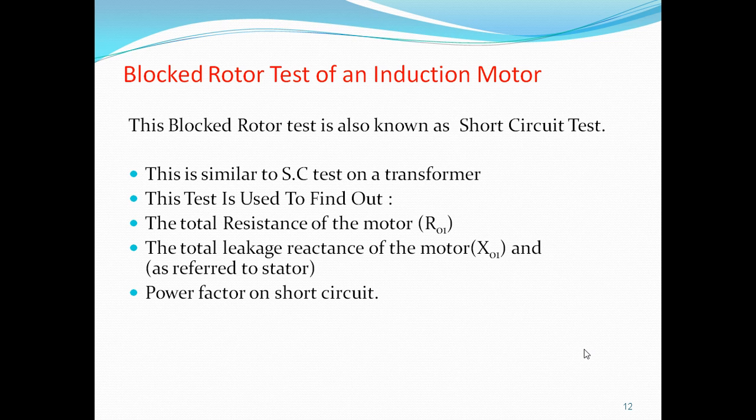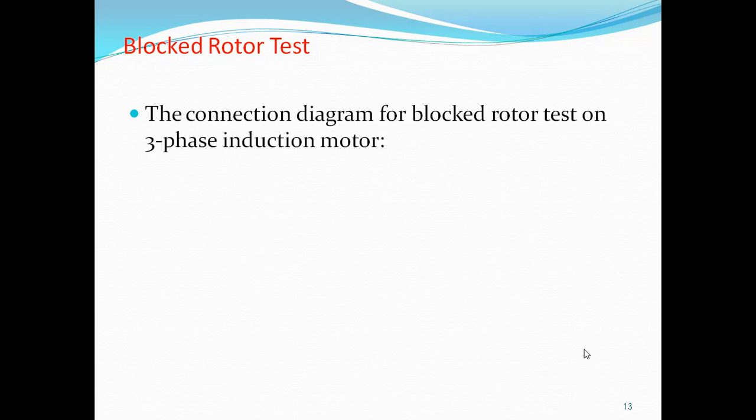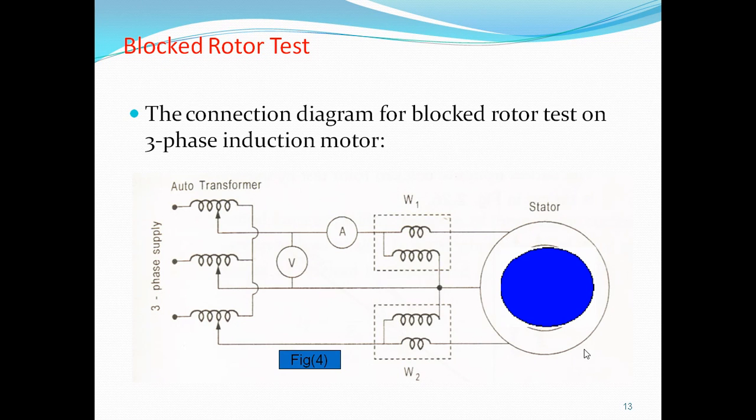So in this case, first we will block the rotor so that it is not possible to rotate, and we will apply the rated current and take the readings of the ammeter, voltmeter, and wattmeter.